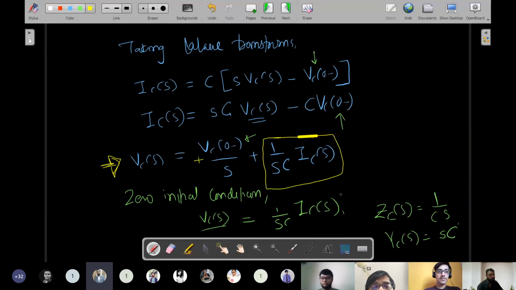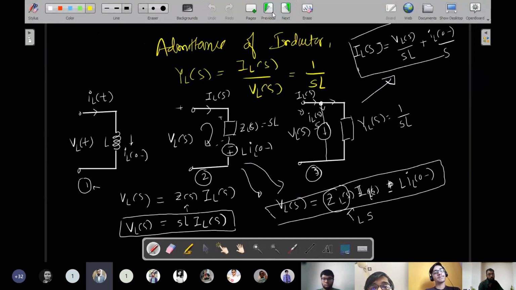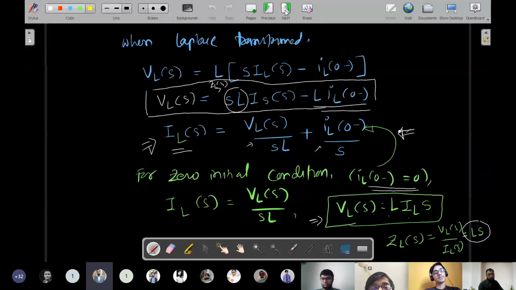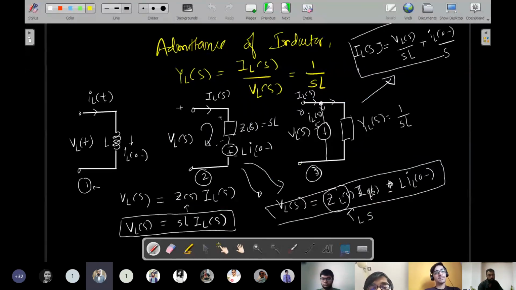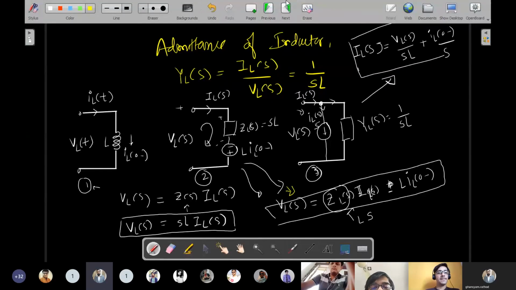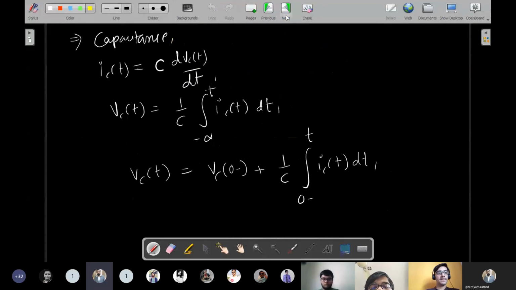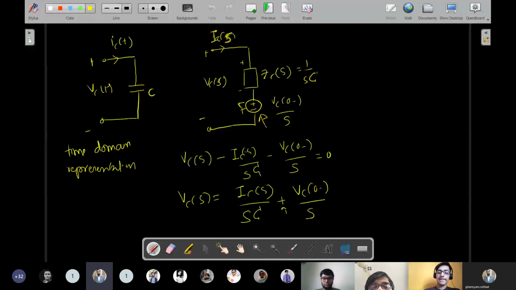Understood this one? You see, this is not the same as in the inductor. If I show you that inductor circuit, here this was minus plus, and from that we derived this equation. So we are also satisfying that equation in this one. In the inductor it was minus plus, and in this case for the capacitor, it is a plus minus sign.